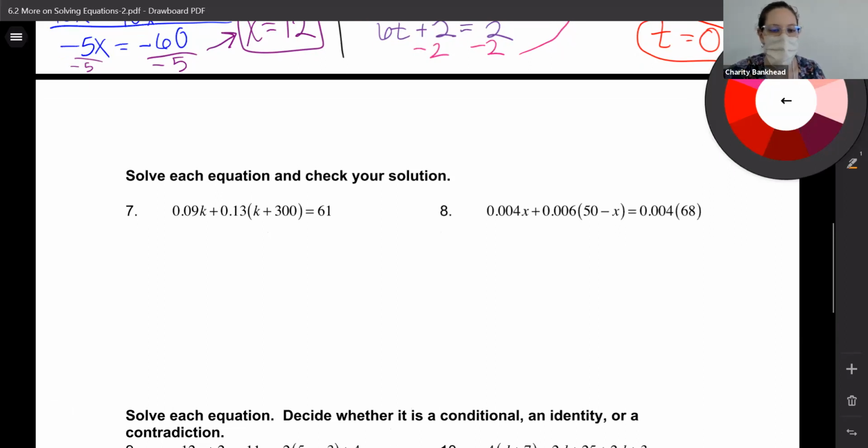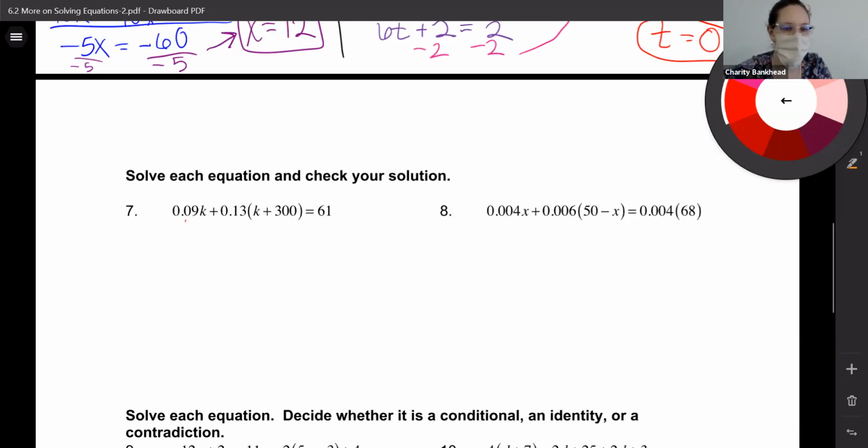So on number 7, if I look at the decimals, I can see that they each have 2 digits after the decimal point. That means they're going to the hundredths place, because the first one is tenths and the second one is the hundredths place, right?